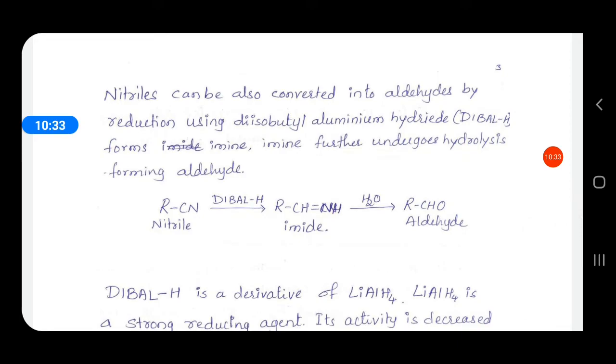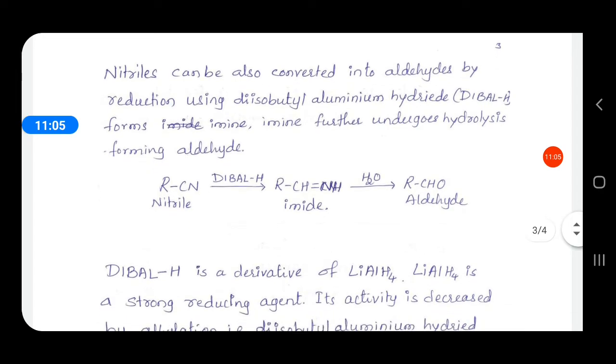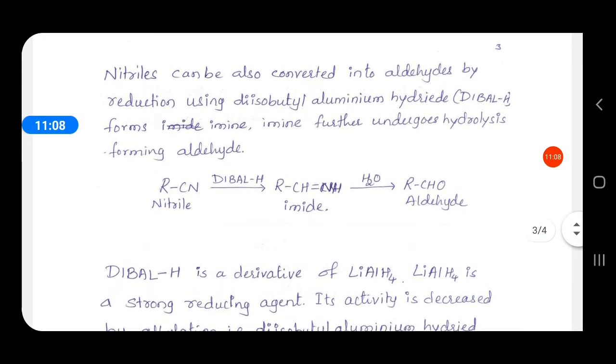So here again a partially deactivated reagent is taken, a derivative of lithium aluminum hydride, that is diisobutyl aluminum hydride, called DIBAL-H. It also initially forms imines, then the imines on hydrolysis form the aldehydes. In this reaction also you can see the carbons present in the parent compound remain the same in the product.